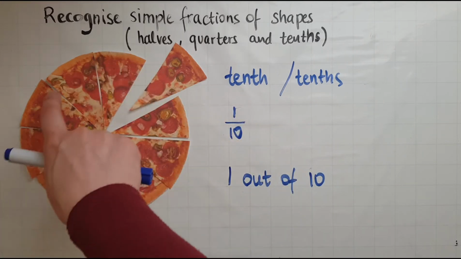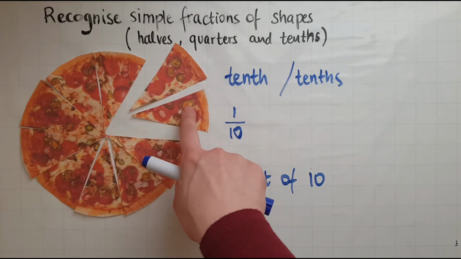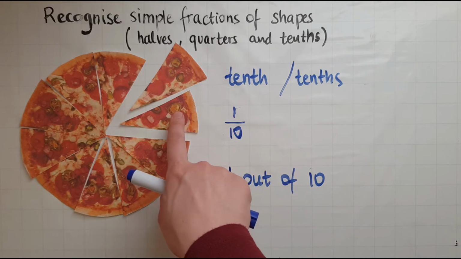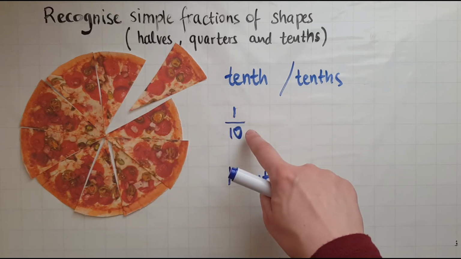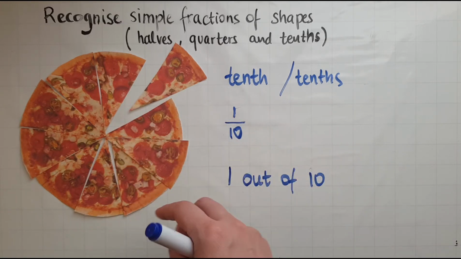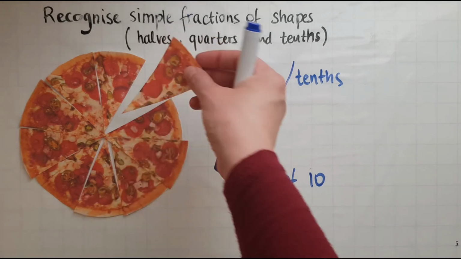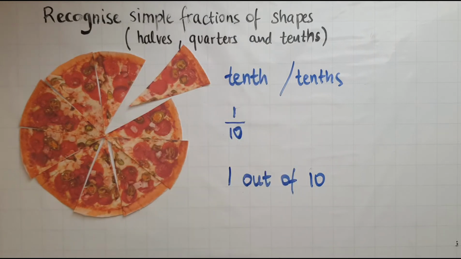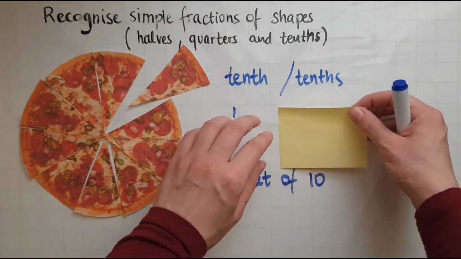All of these are tenths. So 2 tenths, 3 tenths, 4 tenths. So 1/10 is written as 1 out of 10, like this, 1/10. So if I separate this, this is 1/10, or 1 out of 10.